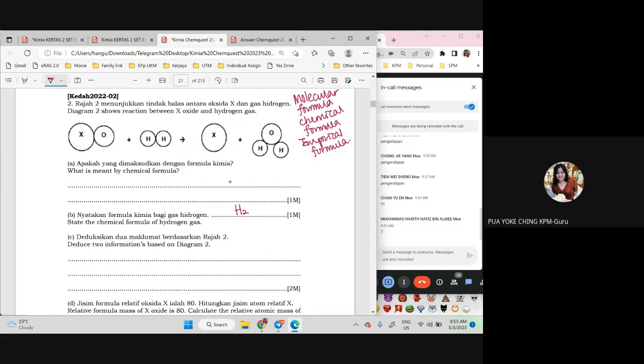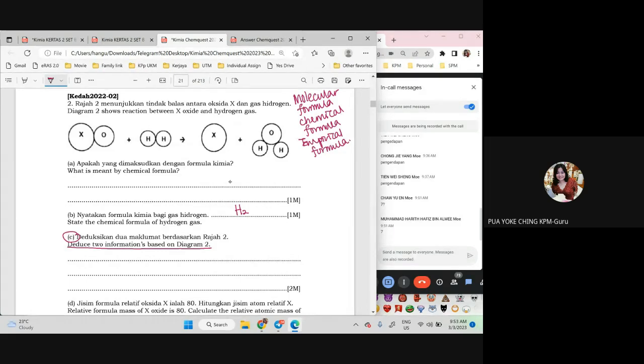Okay, tengok C. Deduce two informations based on diagram 2. Okay, dua maklumat berdasarkan rajah 2. Ini ialah soalan dari Kedah. Okay, soalan ini kalau dulu biasanya macam ni.